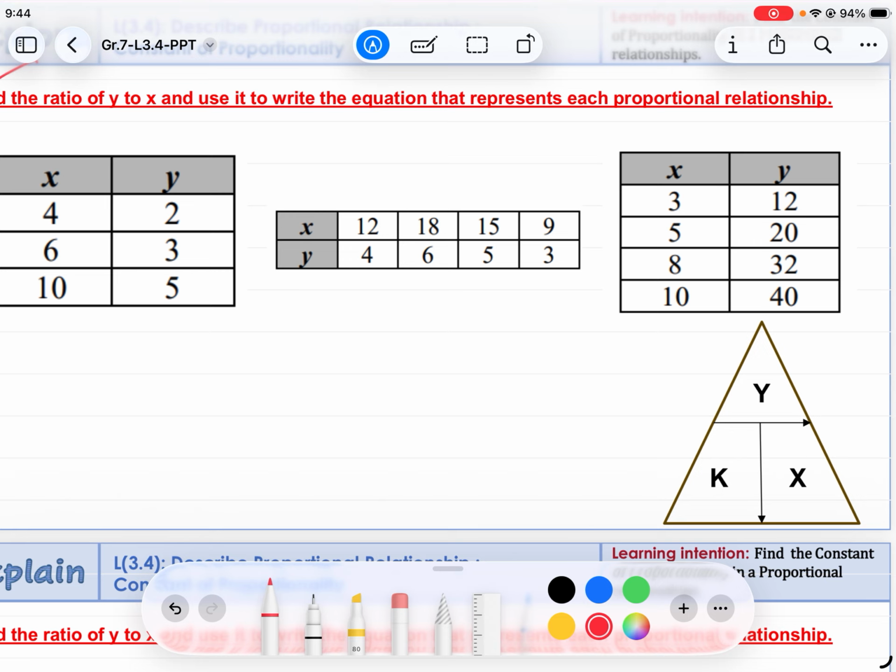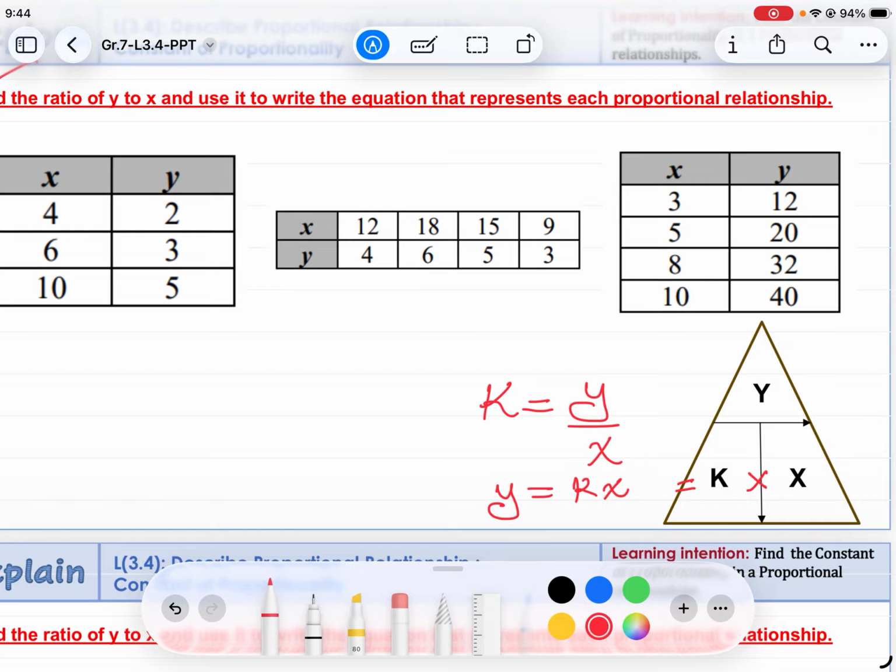So from the triangle, I can tell that k is equal to y divided by x. And if I want to find the value of y, you can conclude that y is equal to k times x, or we just simply write kx. Okay?